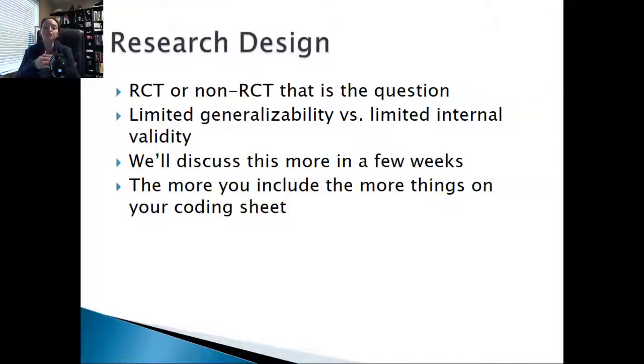If you include both RCT and non-RCT, you'll actually want to include this as a variable on your coding sheet and in your manual so that you can actually compare these two in the analysis. Because if they both end up having similar effect sizes, then this is actually going to be helpful for you to be able to generalize across and say that these findings are more than likely consistent across these settings.